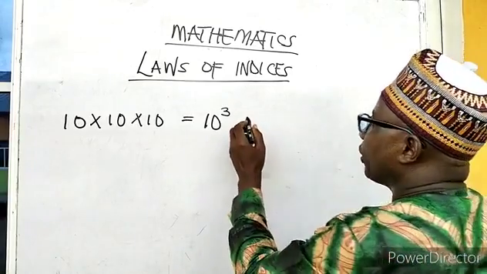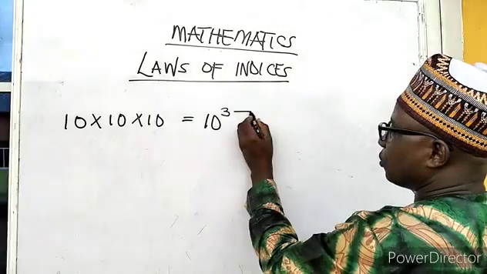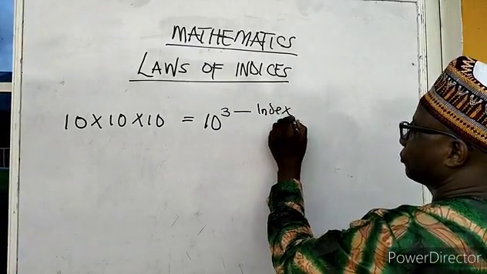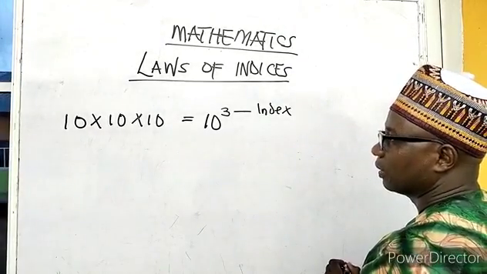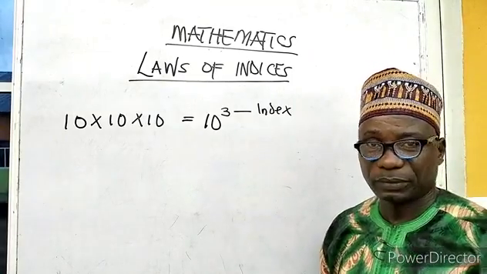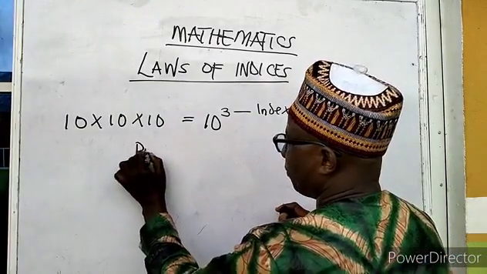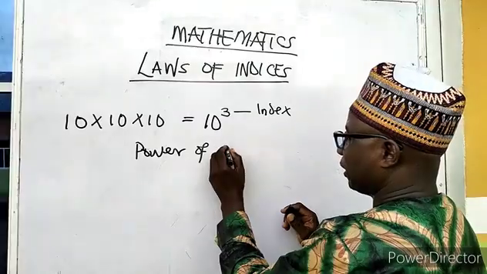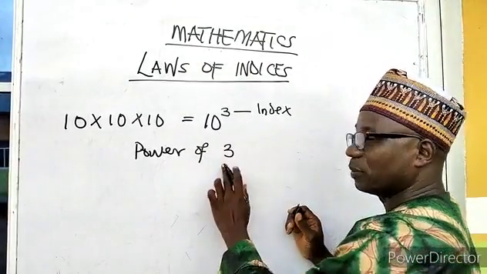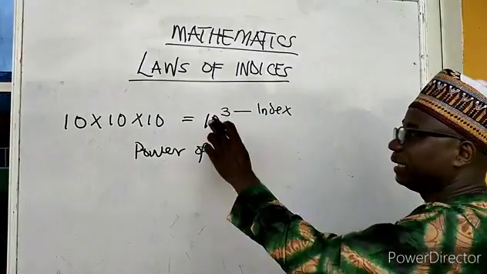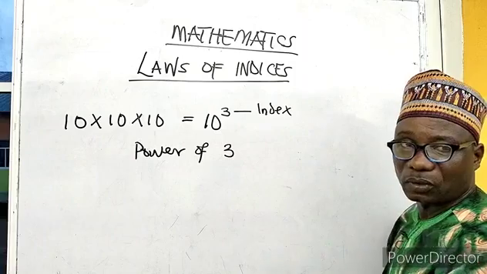Now, this is an index. At times, we need a power of 3, so we consider it as a power of 3. If it is 4, we consider it a power of 4. 10 raised to the power of 4.